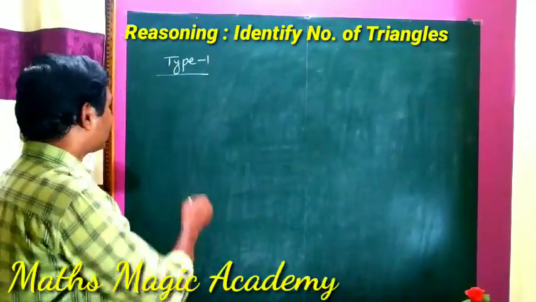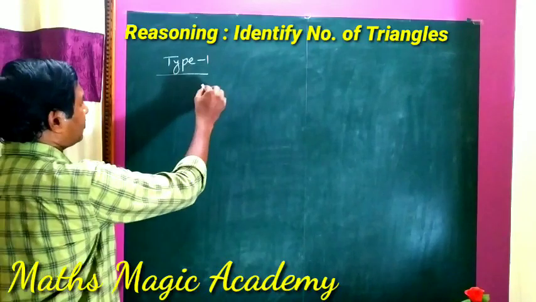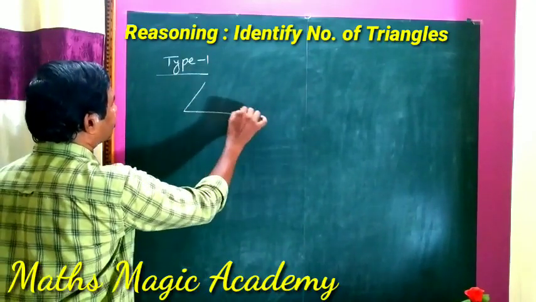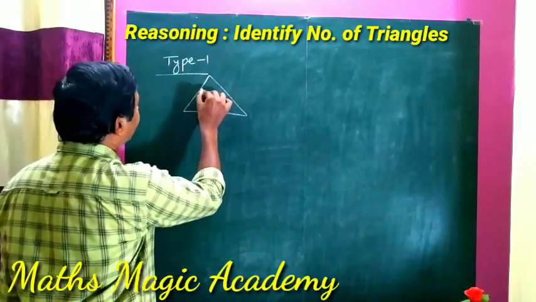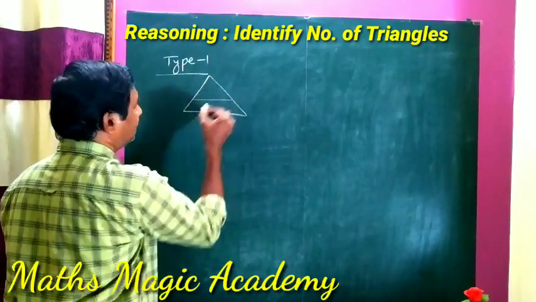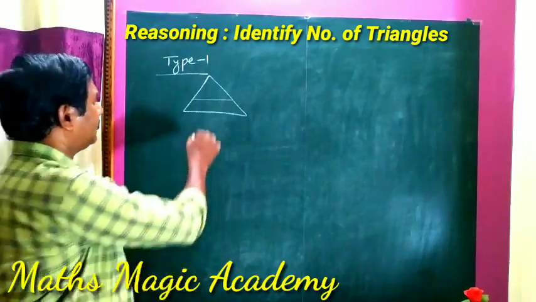In type 1, the triangles are shown like this in the examinations. In this triangle, if you draw a line, previously it is only one triangle.